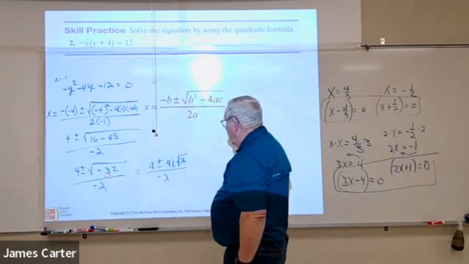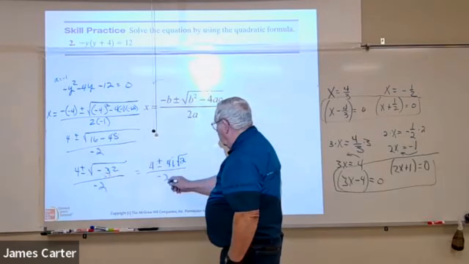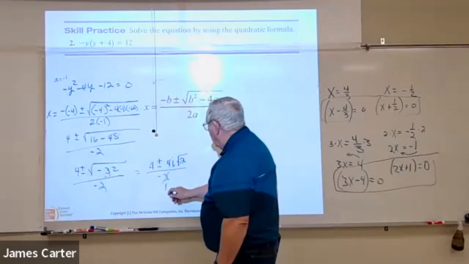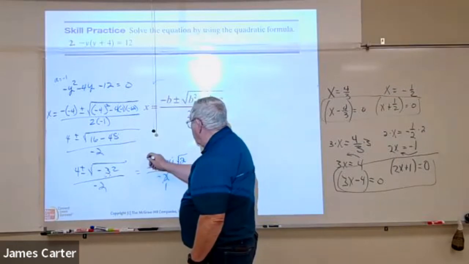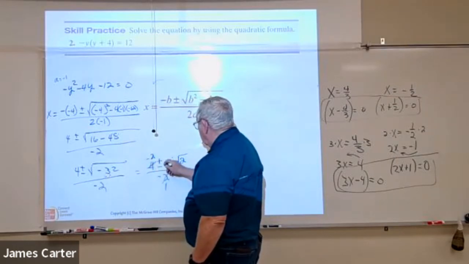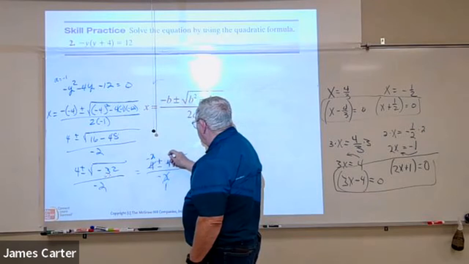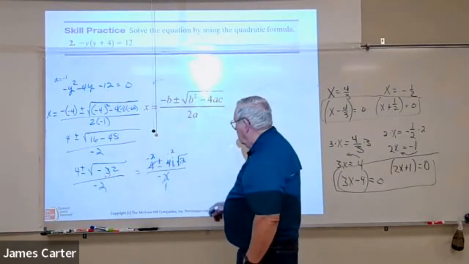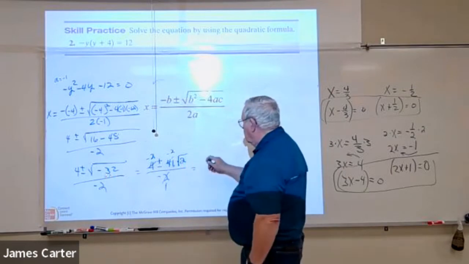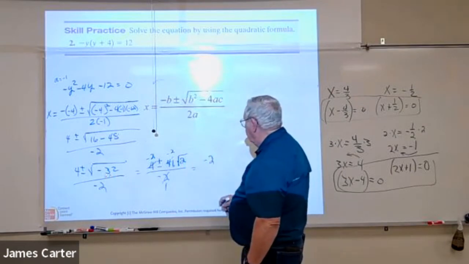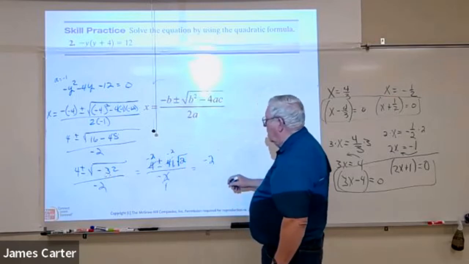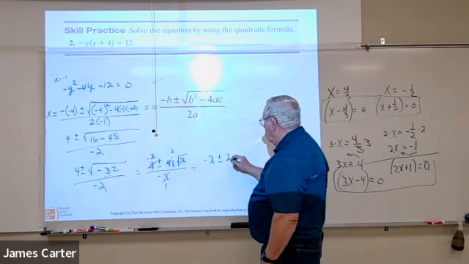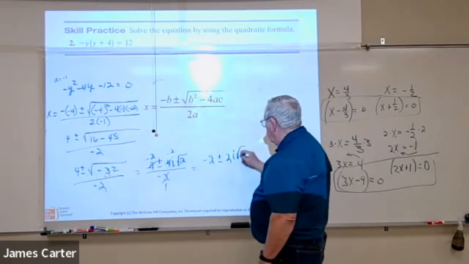Okay. And -2 will go here once, and -2 will go here two times, which is getting a little weird. But you still have plus or minus, so it works. So we got -2 plus or minus 2i radical 2.